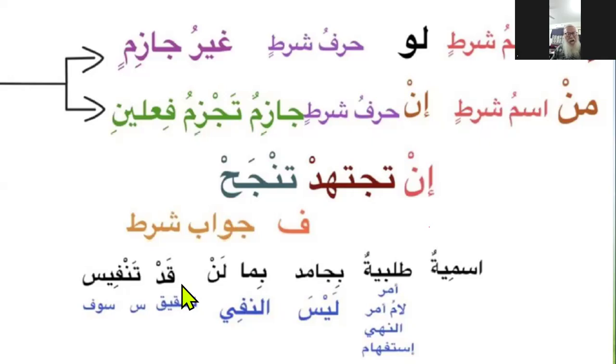When there is qad in the sentence, the fa comes. When there is seen and sawfa in the sentence, the fa comes. So these are almost 10 reasons for the coming of fa in jawab shart: ismiya, amr, lam amr, nahiya, istifhamiya, laysa, nafi, tahqiq min qad, seen and sawfa. When these 10 types of jawab shart come, the fa comes along with them.